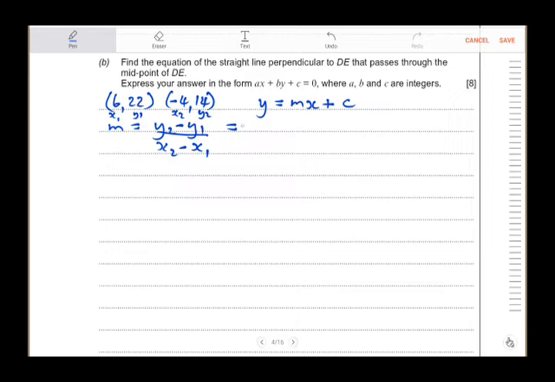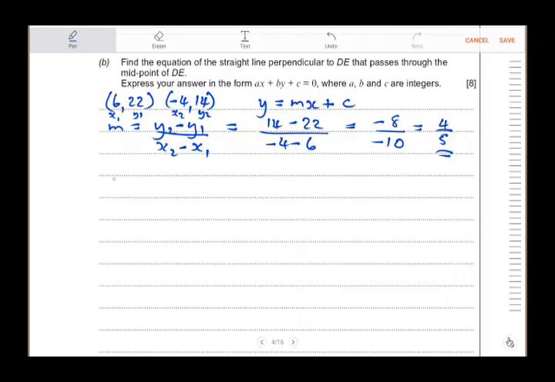So that's 14 take away 22 divided by -4 take away 6. That's going to give me -8 divided by -10. Minus divided by minus is a plus. 8/10 can be simplified to 4/5. And that's the gradient of DE, not the gradient of the perpendicular line. We're going to use that in a minute to work out the gradient of the perpendicular line.